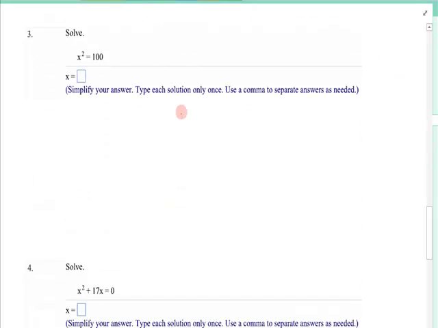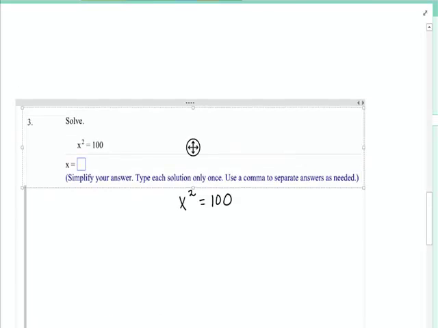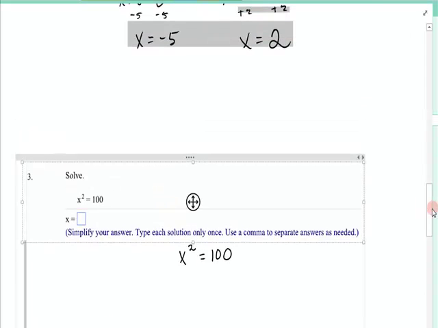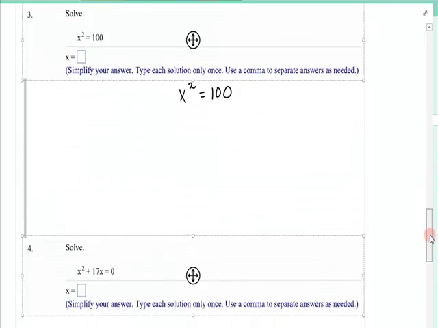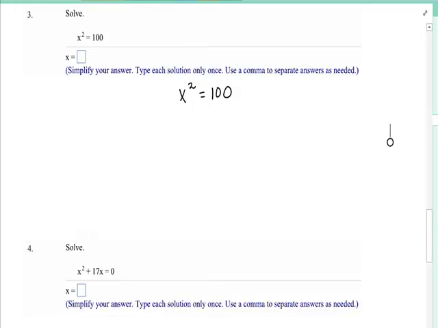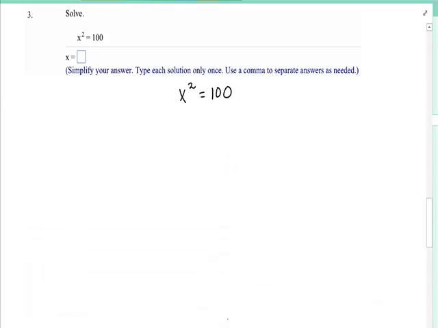Number 3, I have x squared is equal to 100. All right. A little technical problem here. There we go.